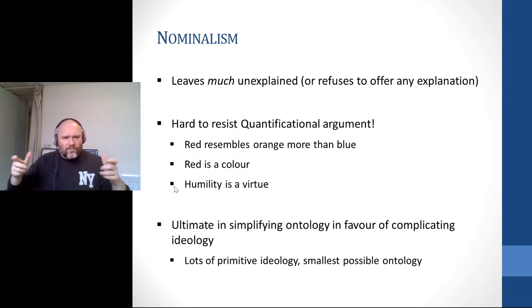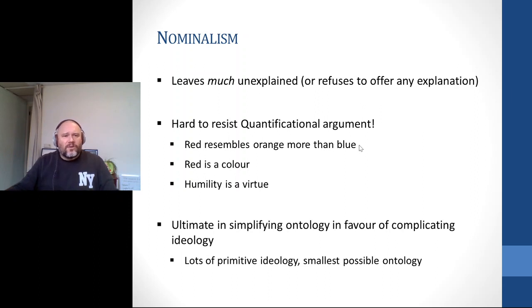And when we regiment them, right, when we put them into first-order logic, they look like they necessarily quantify over something like properties. It's very hard to think of a paraphrase for this, right? Red resembles orange more than blue, that doesn't require us quantifying over things like redness, orangeness, and blueness. Right? And so it looks like if we just take this sentence to be true, we're going to have to be committed to something playing a property role.